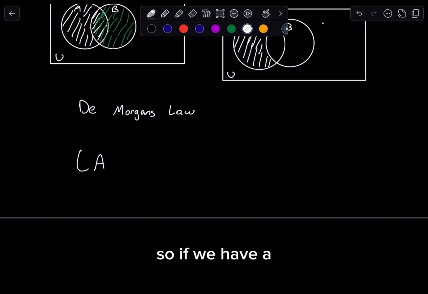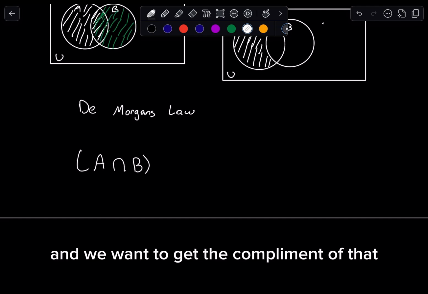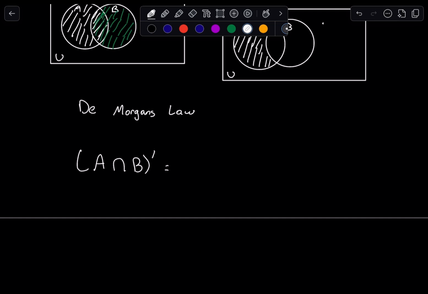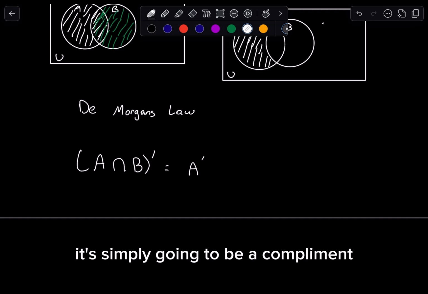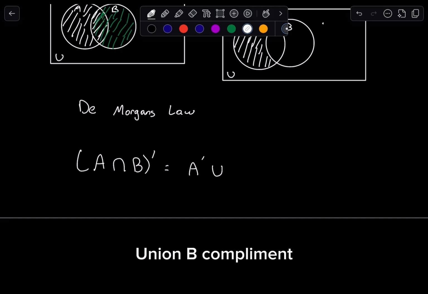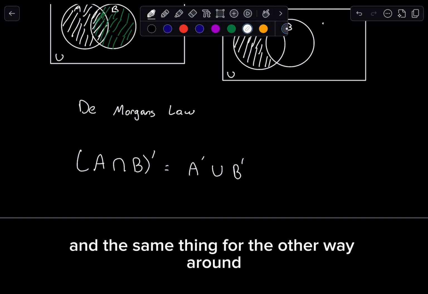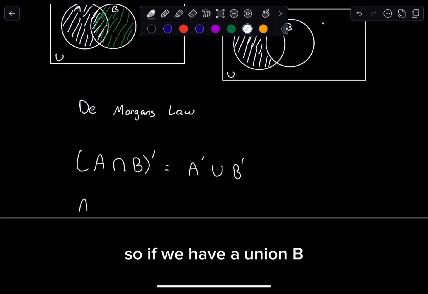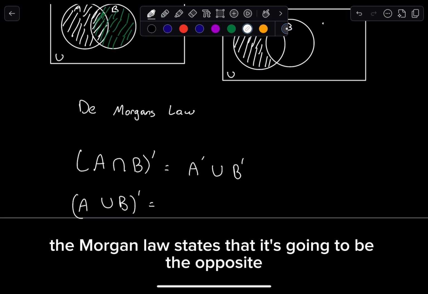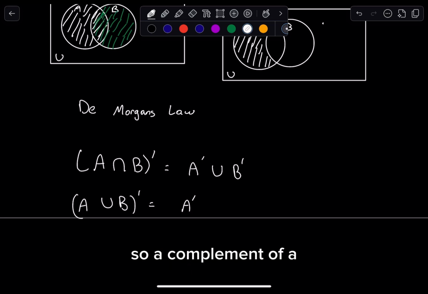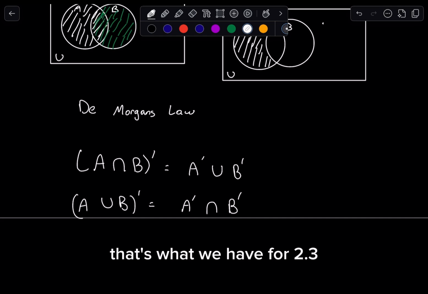If we have A intersection B, and we want to get the complement of that, it's simply going to be A complement union B complement. And the same thing for the other way around. If we have A union B, and we want to get the complement of that, De Morgan's law states that it's going to be the opposite: A complement intersection B complement. That's what we have for 2.3.